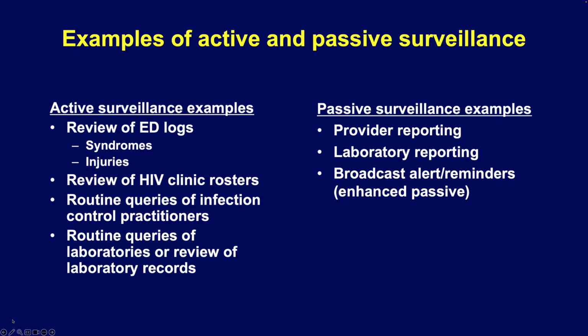In a situation like that, the health department might send out an alert to providers and laboratories that alerts them of the potential outbreak that's happening and reminds them both of their reporting obligation and also what kinds of cases to report and how to report those cases. This kind of broadcast alert approach is referred to as enhanced passive surveillance.